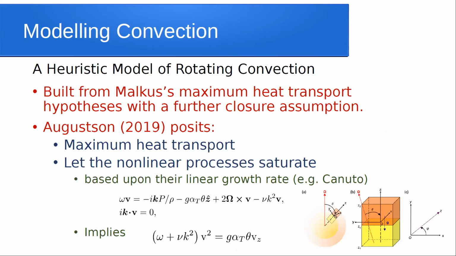Okay, so on to this heuristic model of rotating convection. The one I mentioned before, Malkus's model, is really one that's focused on non-rotating convection, so we have to figure out a way to extend it.